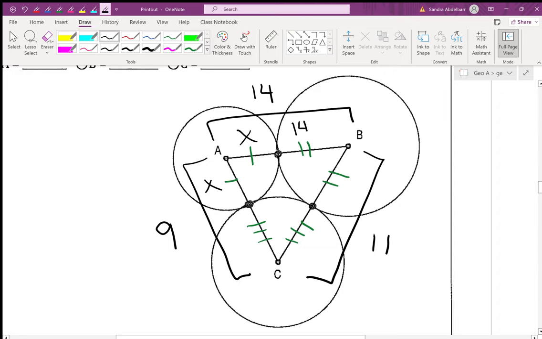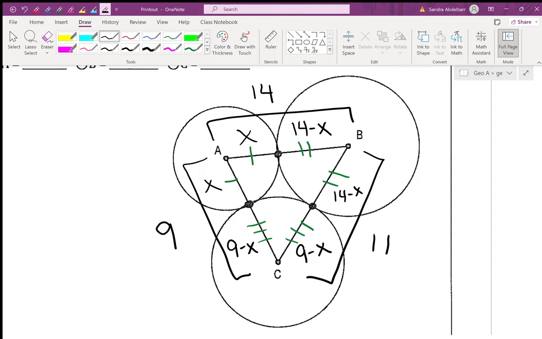You got it. So the radius of circle B is 14 minus X, and that's on both radii of circle B. Now I'm jumping back to AC. I know the radius of circle A is X. Somebody tell me, how am I going to represent the radius of circle C? 9 minus X. And so both the radii for circle C will be 9 minus X.